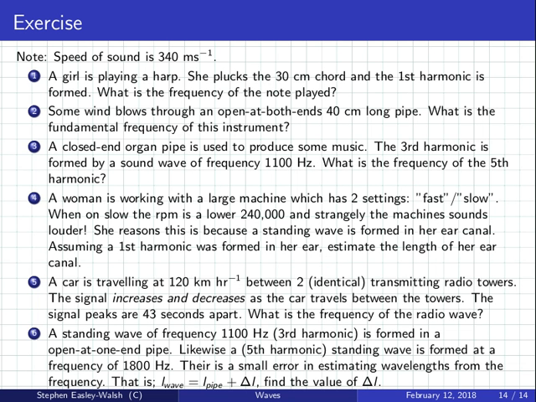What's happening actually is that there's a standing wave formed between the two towers, and each peak of the signal corresponds to antinodes, and each dip in the signal corresponds to nodes. So you could work out the distance between antinodes or nodes, and from that you can know the wavelength, and from that you can know the frequency.